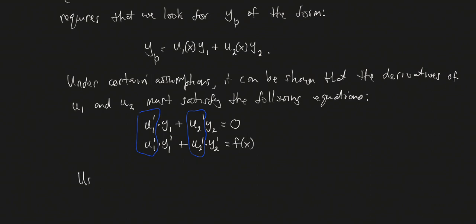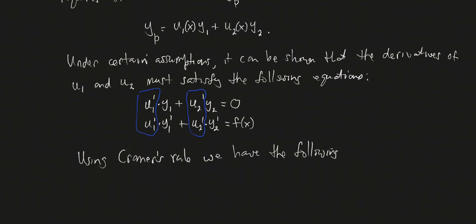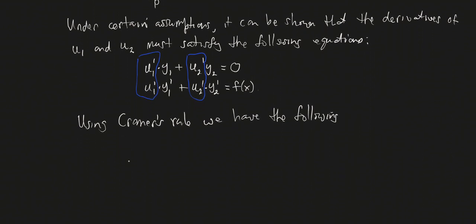So using Cramer's rule, we have the following. Cramer's rule for a 2 by 2 system, that's what this is. We have two equations and two functions that we're going to solve for. That means we need three determinants.